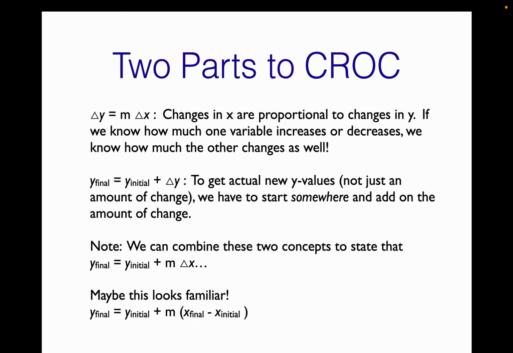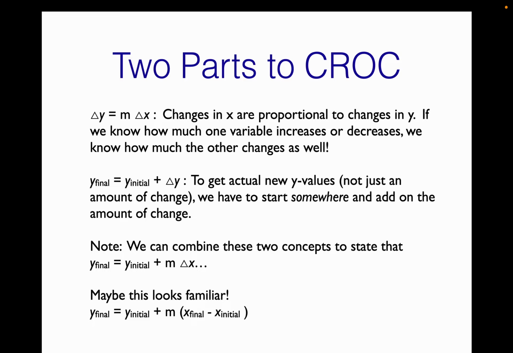But if I have some change in my x coordinate, x final minus x initial, or in general, some generic x in the future, and an initial x value, this is calculating my delta x.